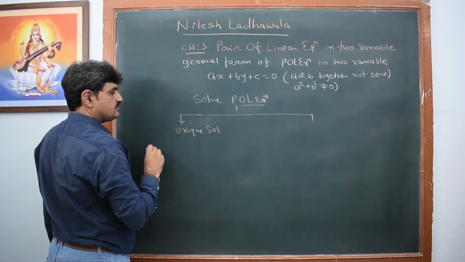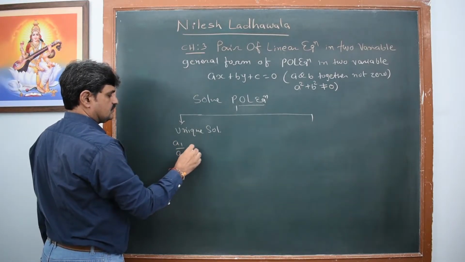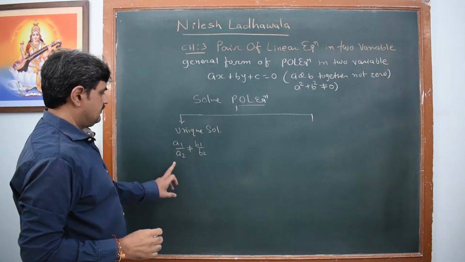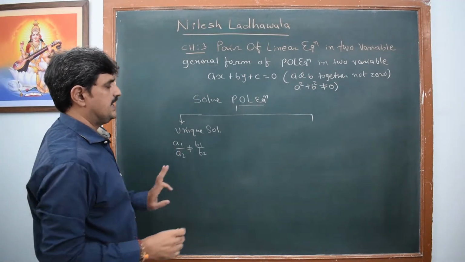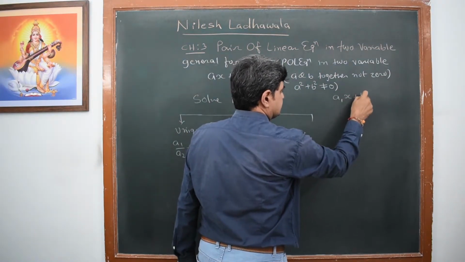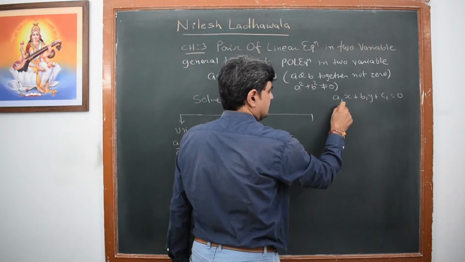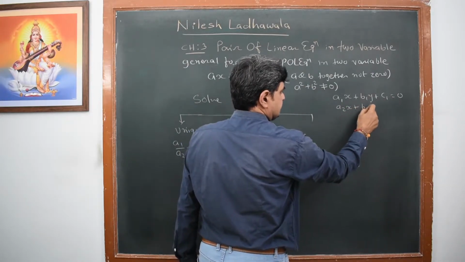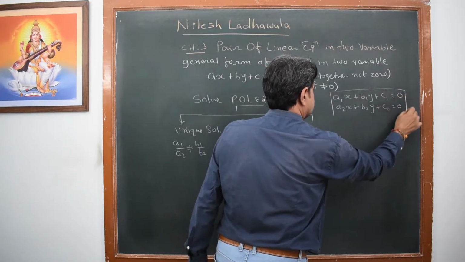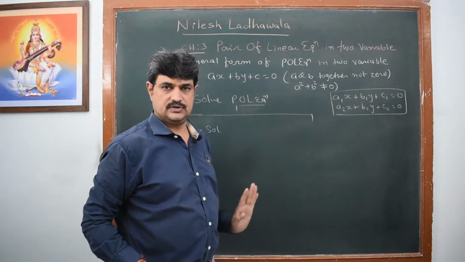The condition which must be fulfilled is a1 upon a2 is not equal to b1 upon b2. But before I use this, I will write here two equations: a1x plus b1y plus c1 is equal to 0, and a2x plus b2y plus c2 is equal to 0. These are our two equations and we have to solve these two equations.